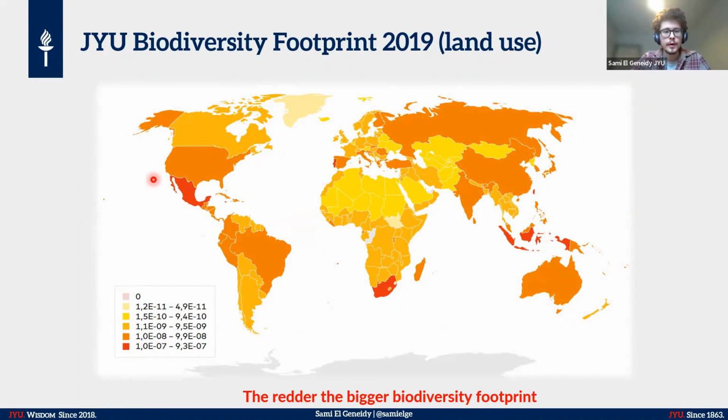So where is the biggest biodiversity footprint around the globe? In the map, the redder the color, the bigger the biodiversity footprint. For example, in Mexico, Portugal, South Africa, and Indonesia, we have the biggest biodiversity footprint of our consumption profile in 2019 for land use.